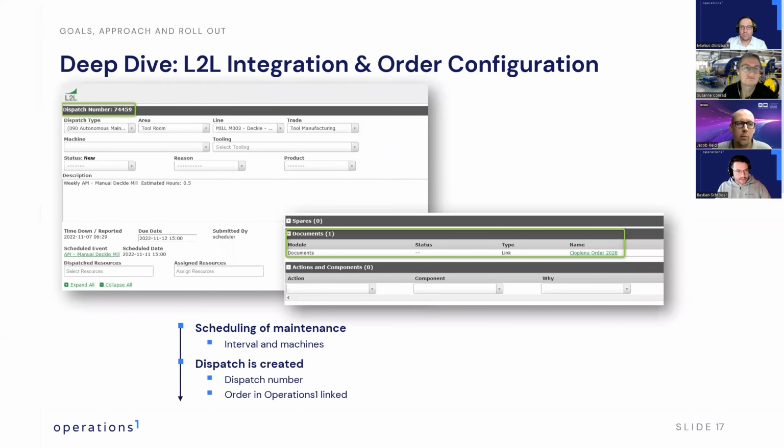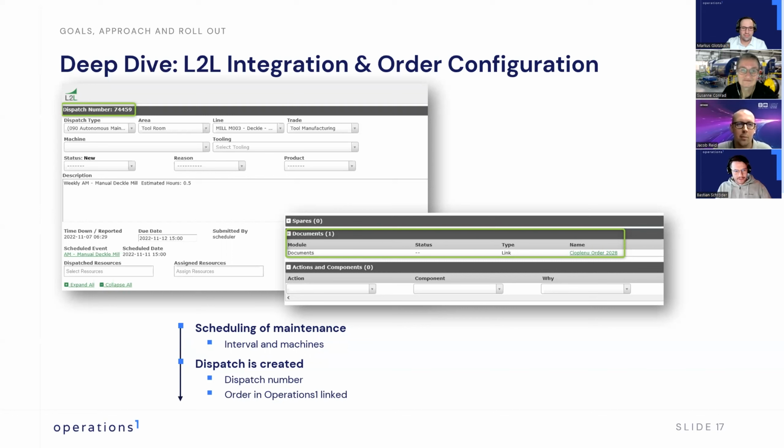And here we can see in Leading to Lean, we get the dispatch number, that's in the top left corner in green. And according to that, we have an order created in operations 1. Now you can see here still the CO Plano order in the detail of the example. That is because Oetiker has been a customer for a while, and operations 1 was named CO Plano before the end of 2021.